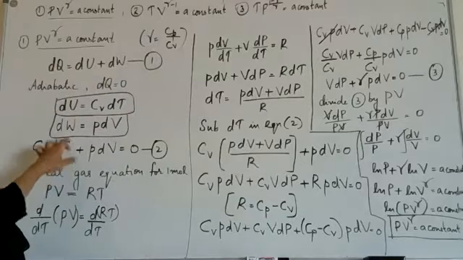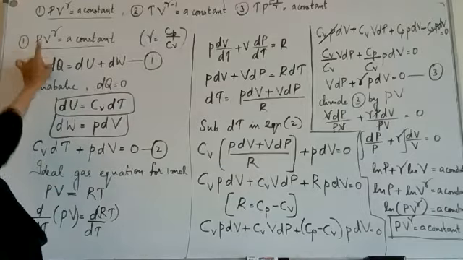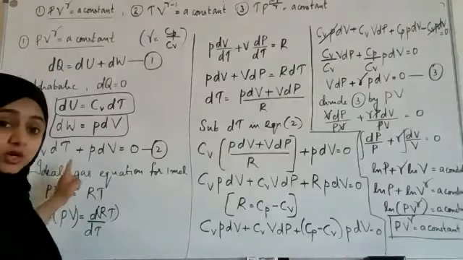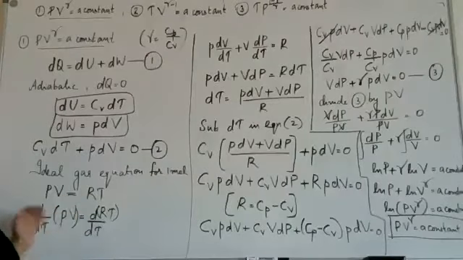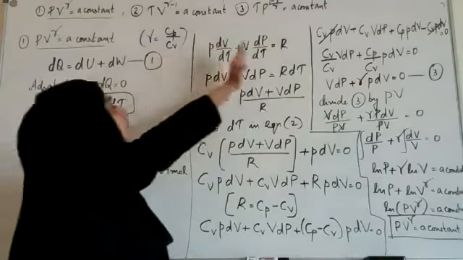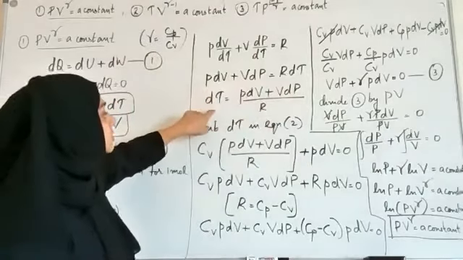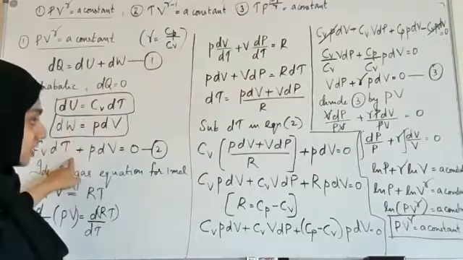Now we will end up with a dT. We don't want that in this expression. So in order to avoid dT, we are taking the ideal gas equation for 1 mole of gas, which is PV is equal to RT. And to get dT, we are differentiating throughout, and when we do so, we will end up with an expression for dT, which we substitute in this equation.